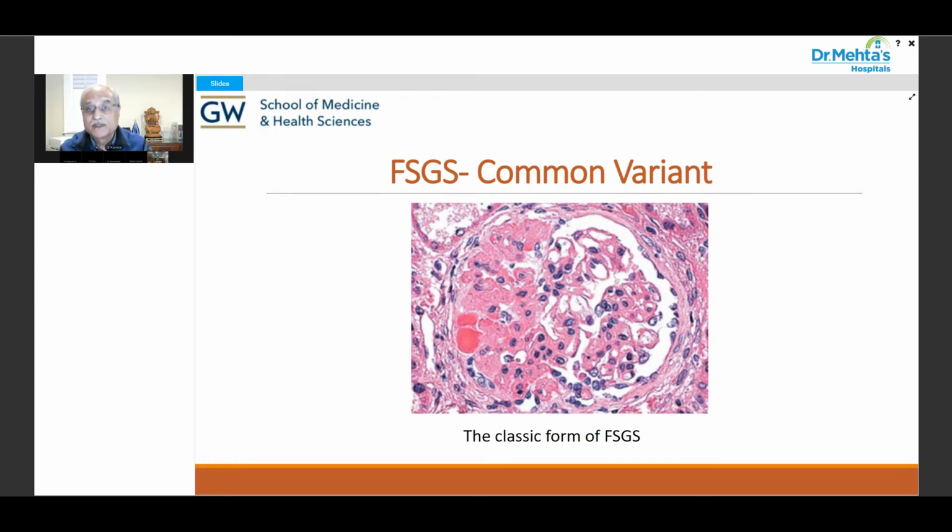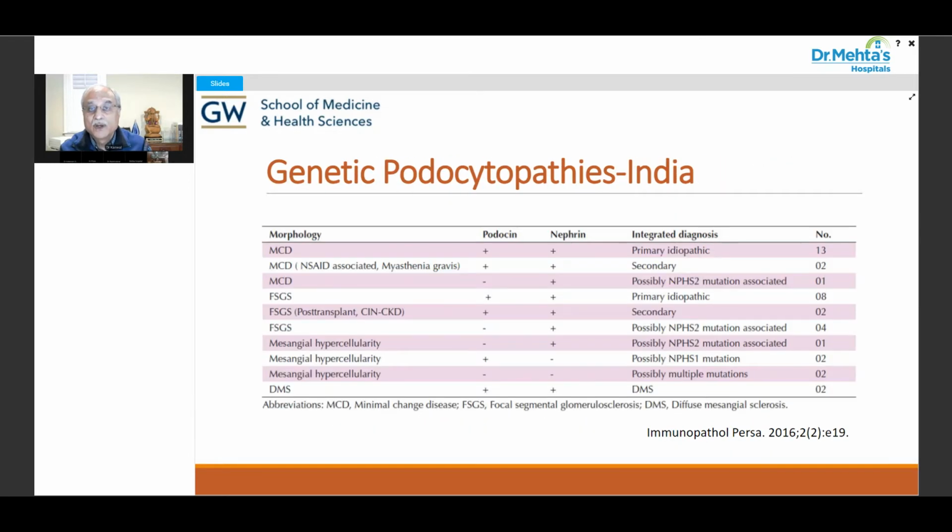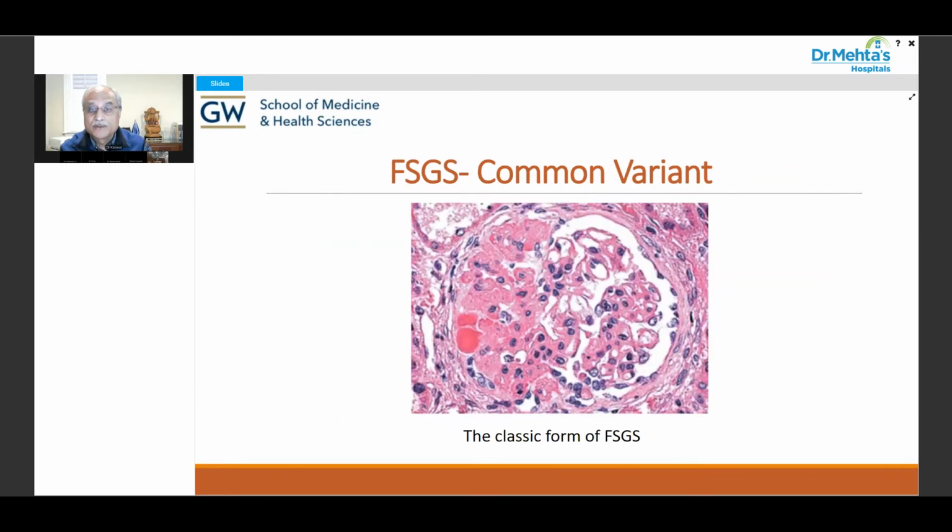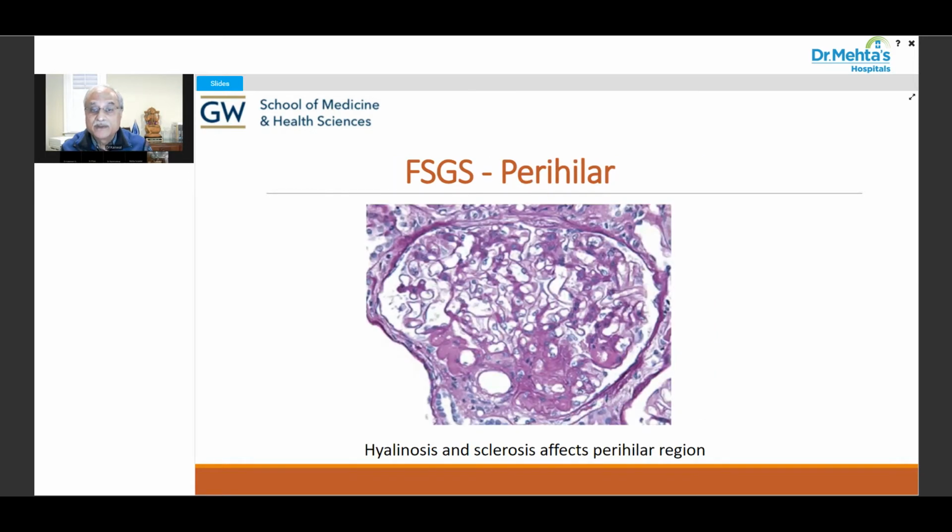This is obviously the classic variant of focal sclerosis, with part of the glomerulus being affected by sclerosis and the rest of it being completely normal. This is the classic variant. Then there's the perihilar variant, wherein the efferent arteriole and the surrounding area undergoes sclerosis.